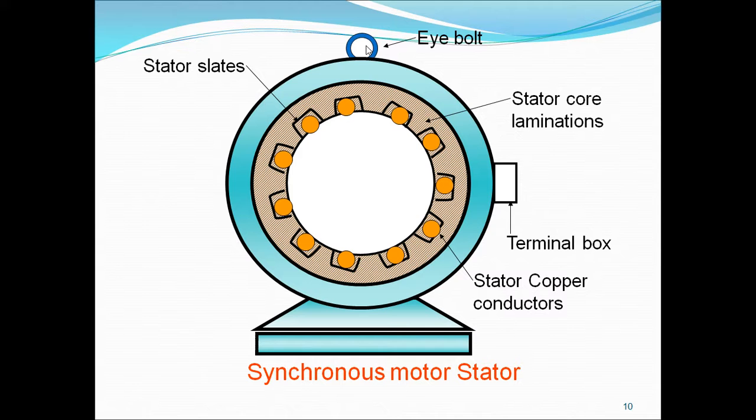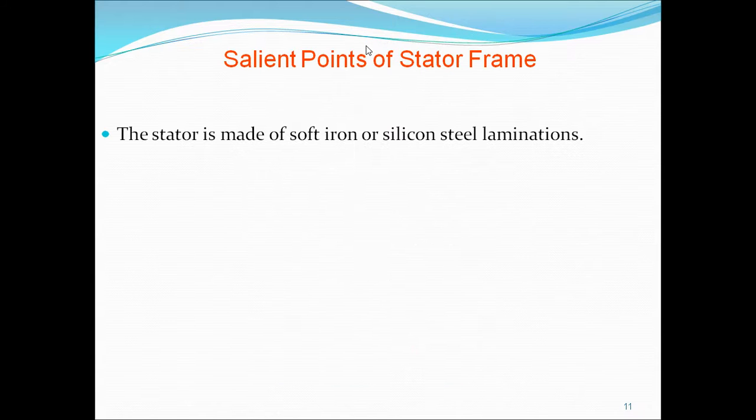These are the stator slots. The stator slots are on the inner periphery. Now the salient points of the stator frame. The stator is made of soft iron or silicon steel laminations. Why is silicon steel used?